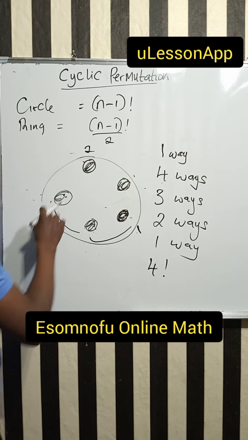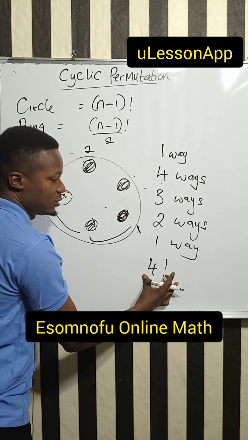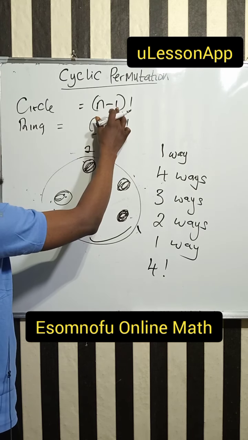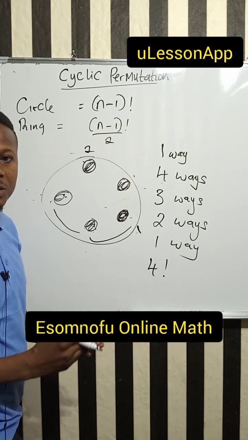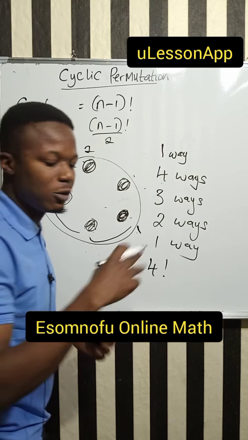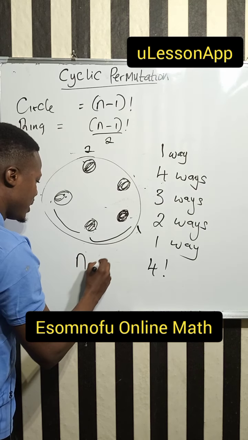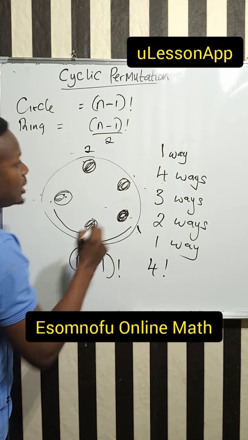Whereas we have 5 persons to be arranged, and 5 persons gives us 4 factorial. That is why we use n minus 1 for cyclic permutation, because it is always 1 less than the original value. Therefore, arrangement in a circle is n minus 1 all factorial.